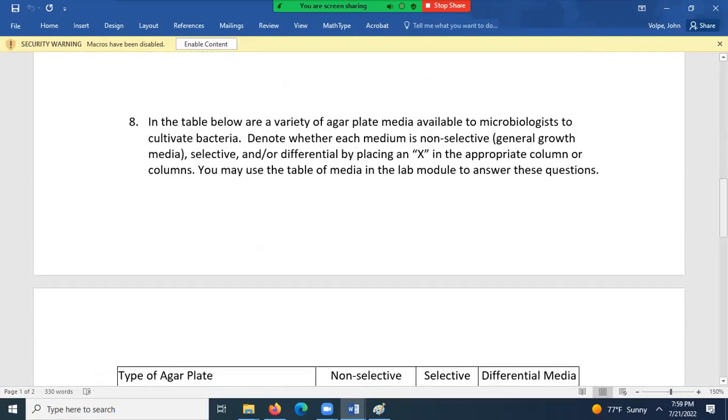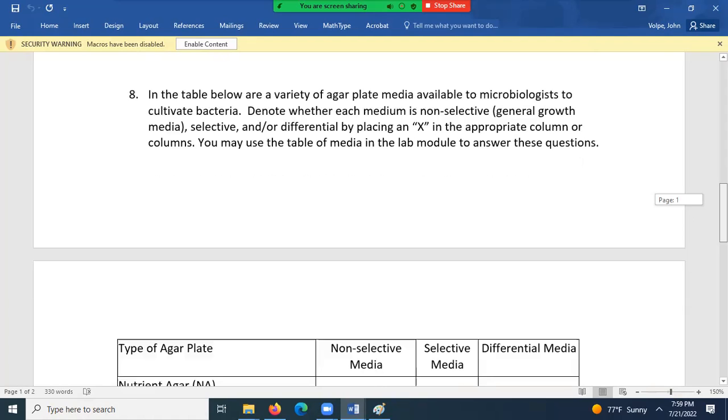8, in the table below are a variety of agar plate media which you run on the bacteria. To note whether each media is non-selective, selective, or differential by placing an X in the column.